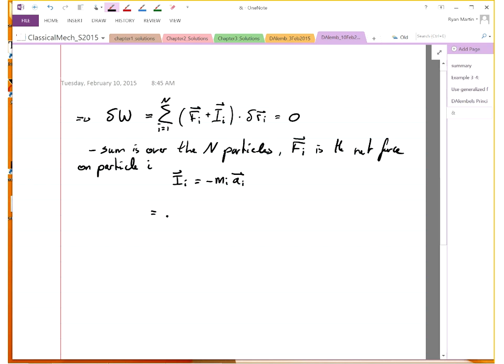So this total virtual work, let me break this into two sums, and it's a sum of two vectors with a dot product, so that can be split up. So the first term will be F_i dotted with delta r_i, and then the second term will be the sum from i equals 1 to N of capital I sub i dotted with delta r_i.